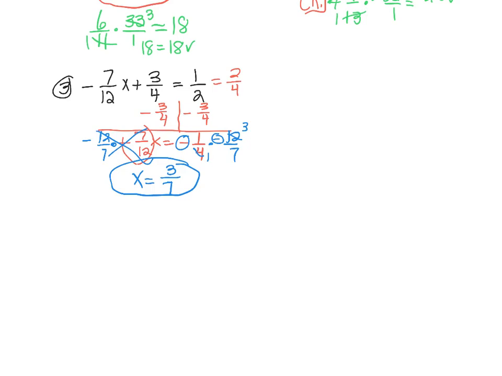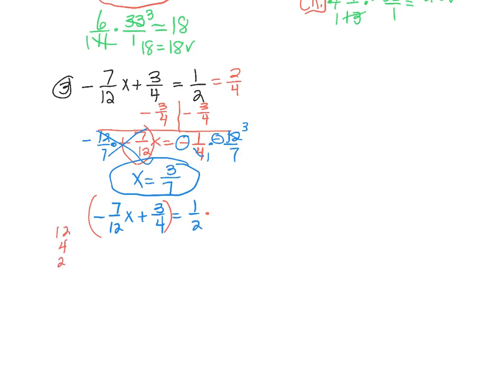Now that's pretty easy for me because I love fractions, and I know you guys do too. But I want to show you another way. I have the original problem as negative 7 over 12 x plus 3/4 equals 1/2. I am going to multiply the entire problem, both sides, by the least common denominator of 12, 4, and 2.